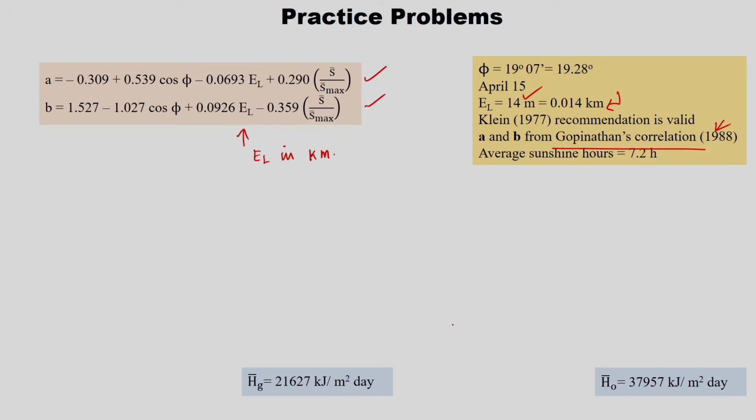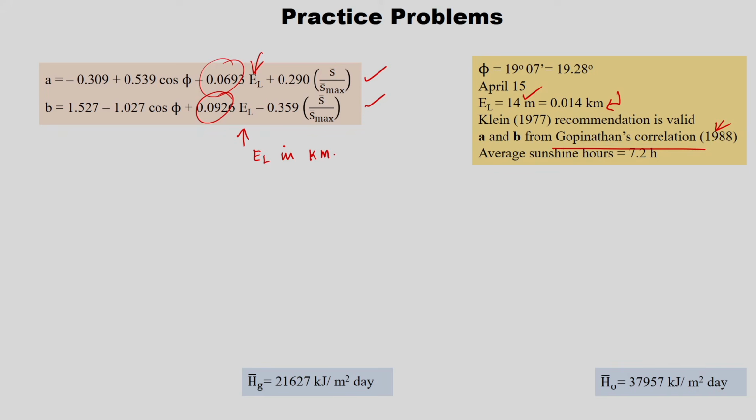That is why we have used 0.014 kilometer. Remember, when you use such a correlation, make sure of the units of the parameters, for example phi in degrees, EL in kilometers and S max in hours. You should be careful about the units you are substituting, because these fitting constants are derived for that particular unit of the parameter.